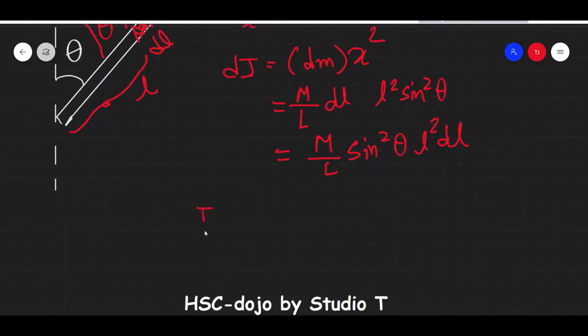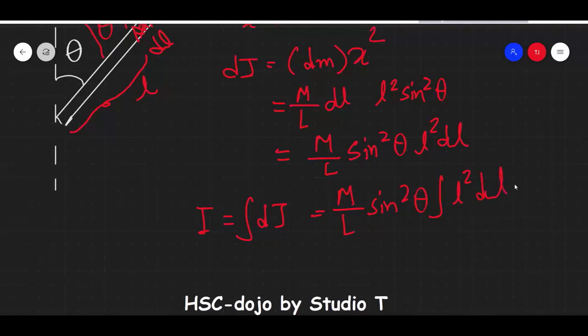So let's do it. I will be the integration of dI, and here for a particular rod M is constant, L is constant, and we just discussed sine theta is constant for this particular case. So M by L sine square theta, they all will go outside the integral.